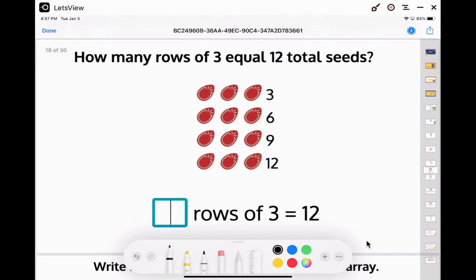Let's take a look at it another way. The question says, how many rows of 3 equal 12 seeds? Answer the question on the side of your screen.